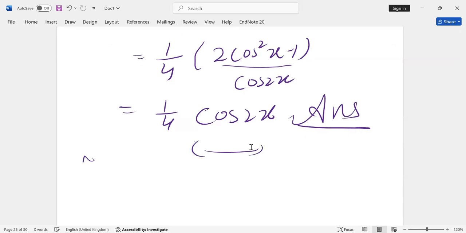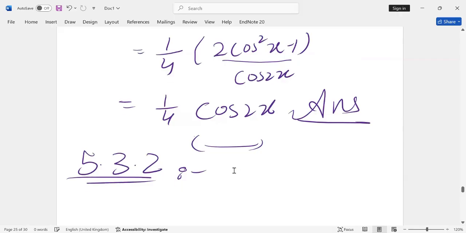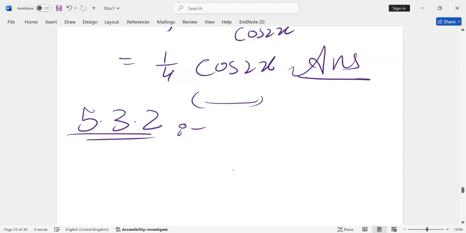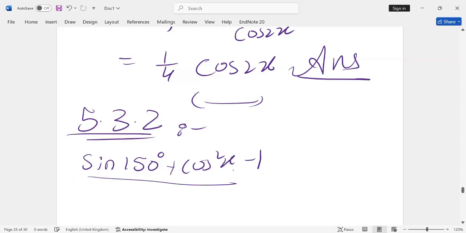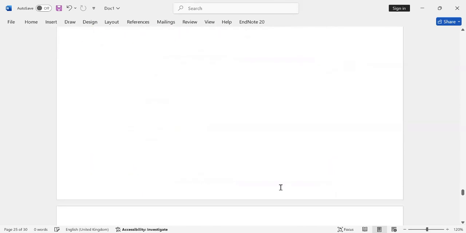So the next question is 5.3.2, where we have a function and we need to equate this function to 1 by 25. So we have the function sine 150 degrees plus cos square x minus 1, divided by 2, and we need to show that it equals 1 by 25. I'm writing just 1 by 4 cos 2x, which equals 1 by 25.